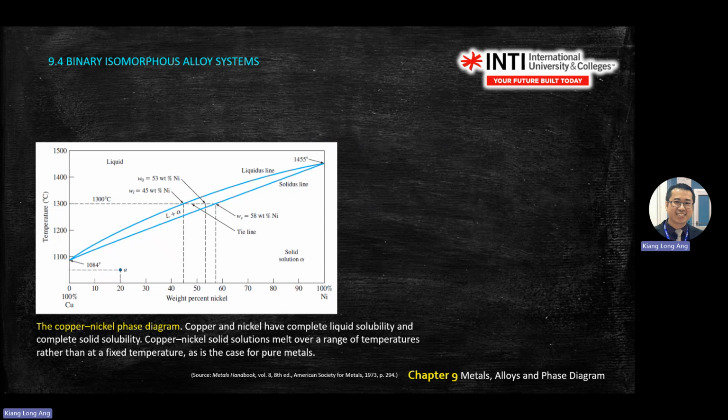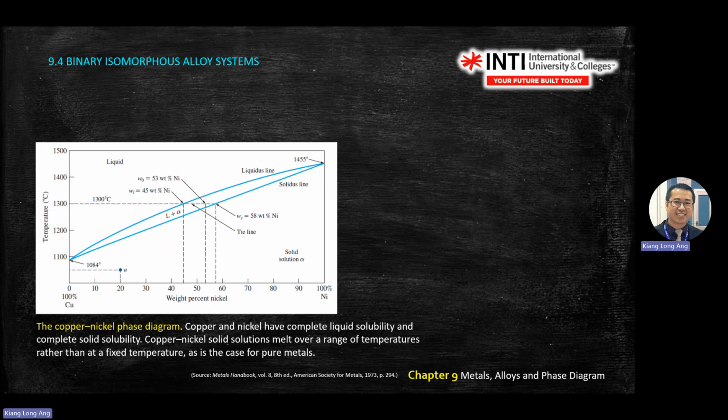Once you understand the axis, you should be able to look at the phases that you have. You have liquid, you have solid. How many types of solid do you have here? Just now you saw alpha, gamma, delta, right? So how many solids do you have? One.